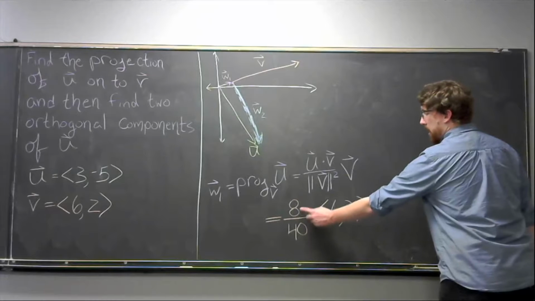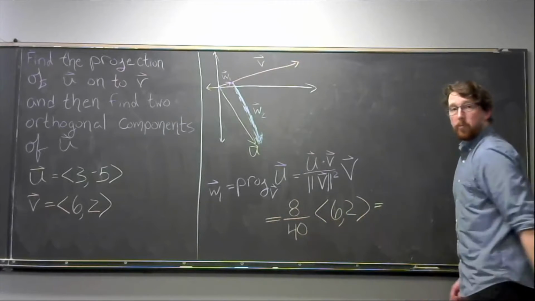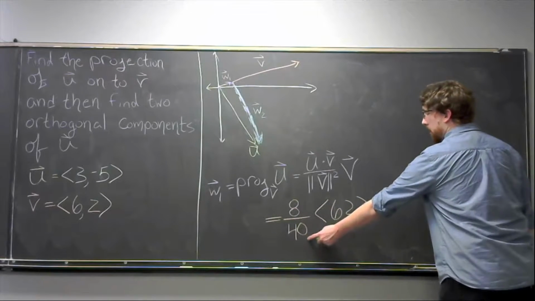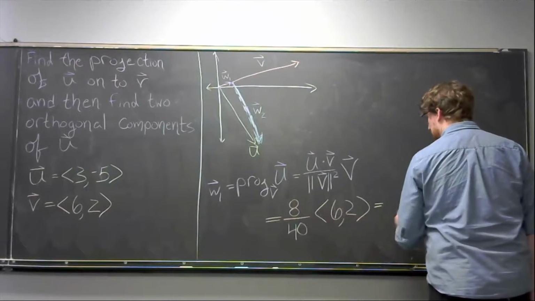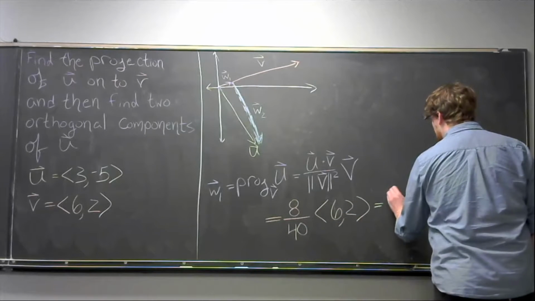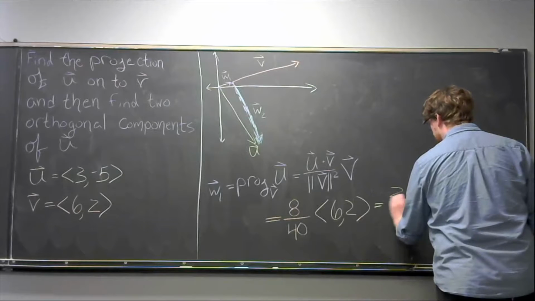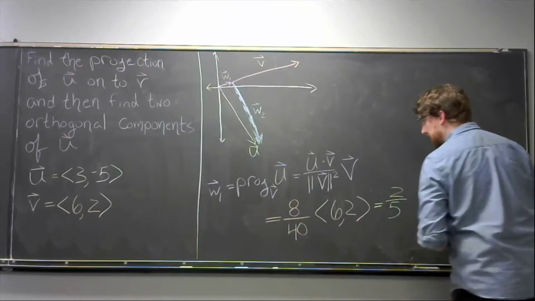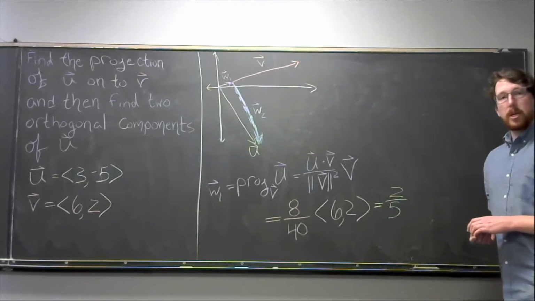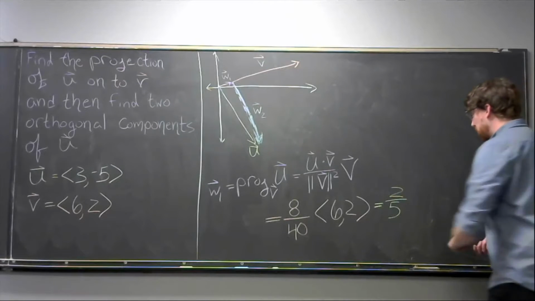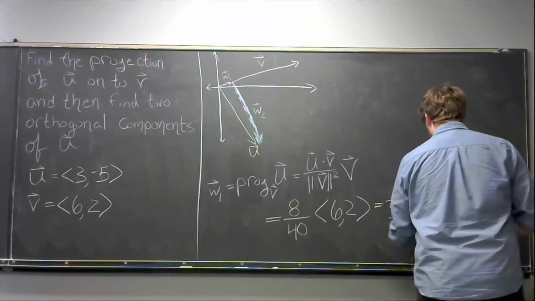Notice really quickly, we can actually simplify this fraction, right? This fraction can be simplified to, what is that, 2 over 5? Right, because 4, my mistake, 1 over 5. 1 over 5, my mistake.